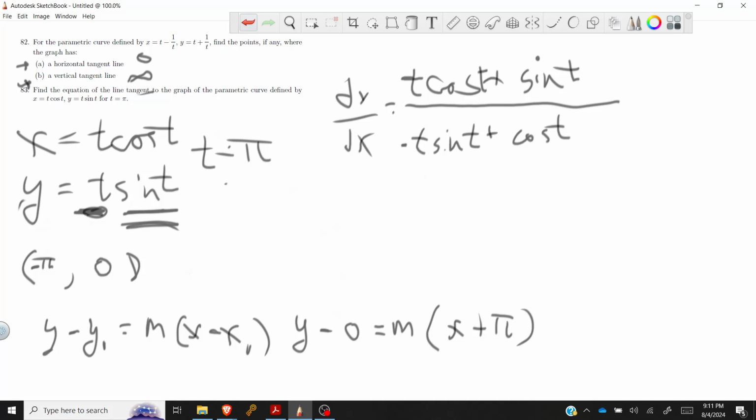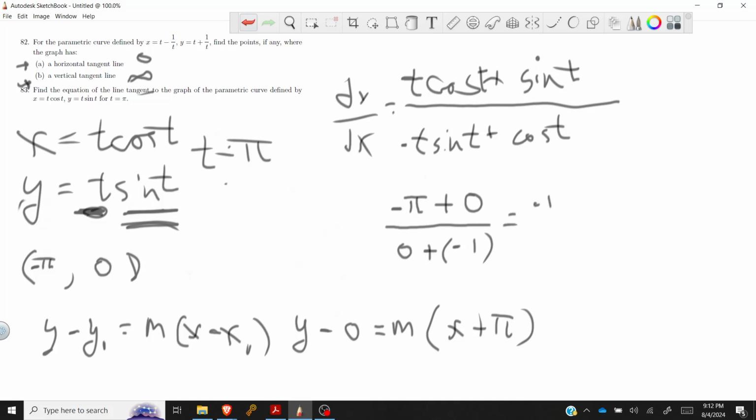Let's plug in pi. So we know that the top is going to be what? Negative pi plus 0 over 0 plus negative 1.